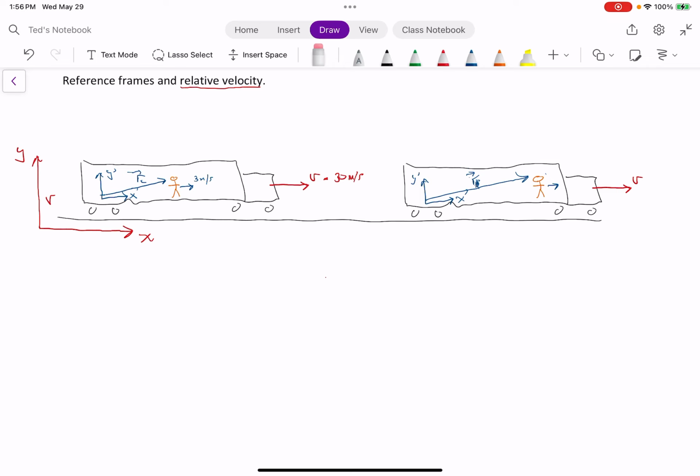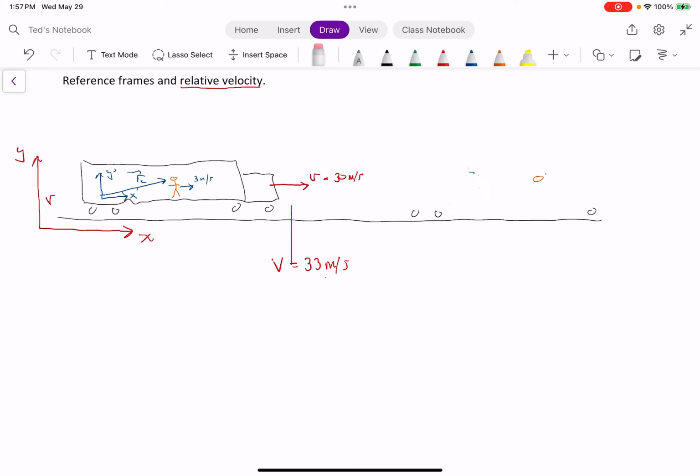Okay, I was saying that the velocity measured with respect to the Earth is going to be 33 meters per second. Okay, and that's true if he's walking forward at 3 meters per second, but what if he was walking backwards at 3 meters per second?